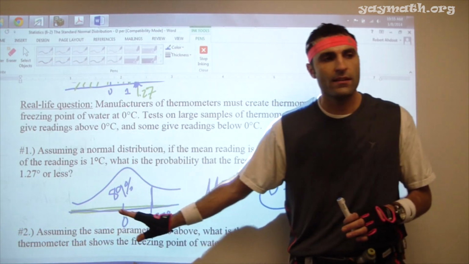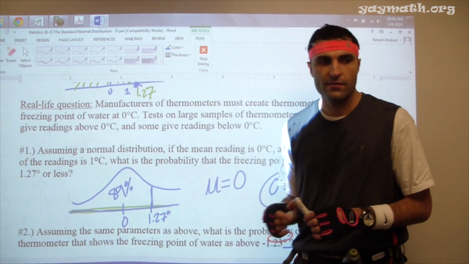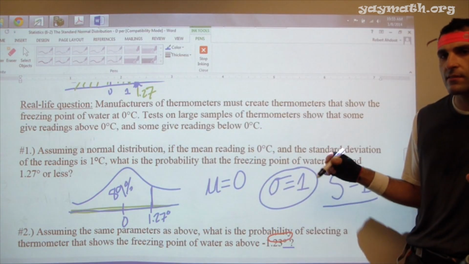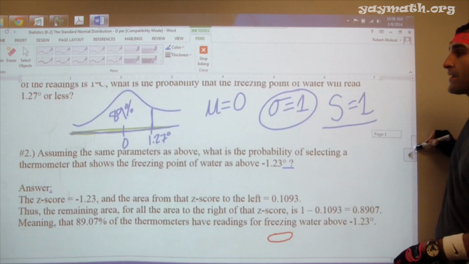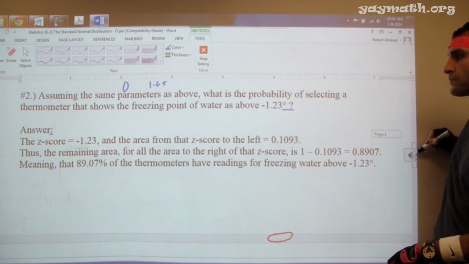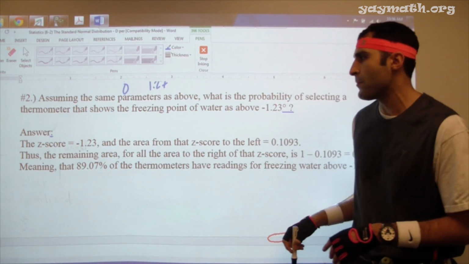Okay? So there's a lot of chance that it'll be 1.27 or less. Okay? Questions on that? A lot of these standard normal curve problems involve temperature because it's a very easy example.